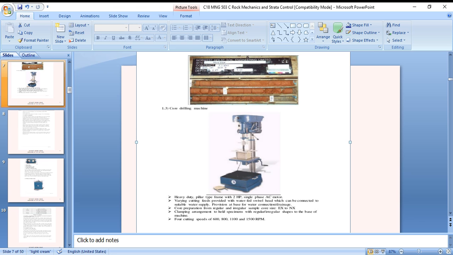Provision is at the base for water connections and drainage, for preparation from regular and irregular samples, EX to NX. Clamping arrangements hold specimens with regular and irregular shapes to the base of the machine. Four cutting speeds: 600, 800, 1100, and 1450.